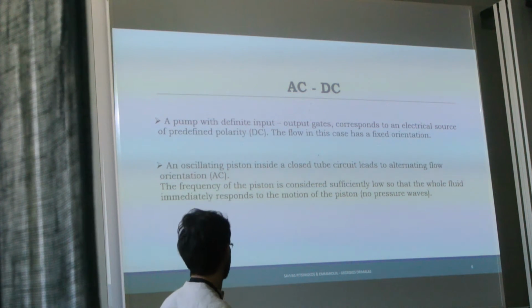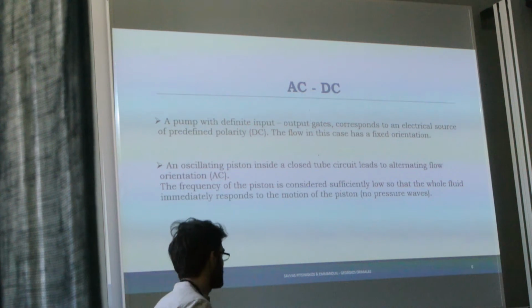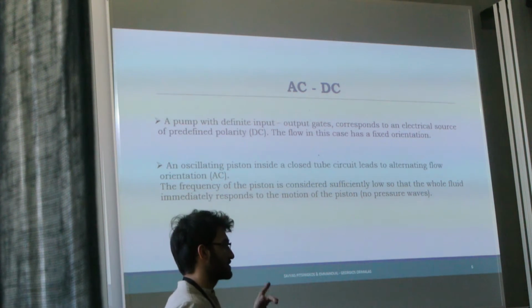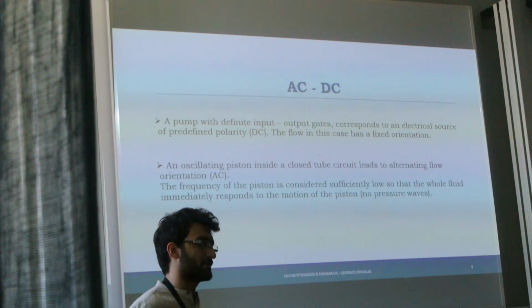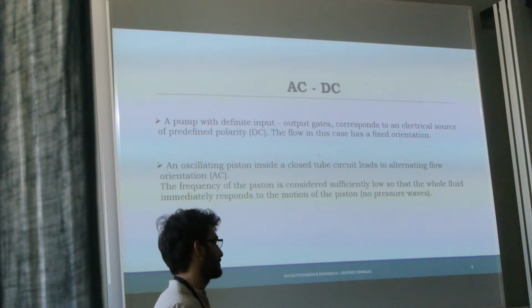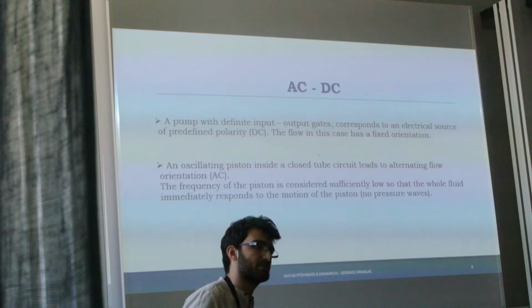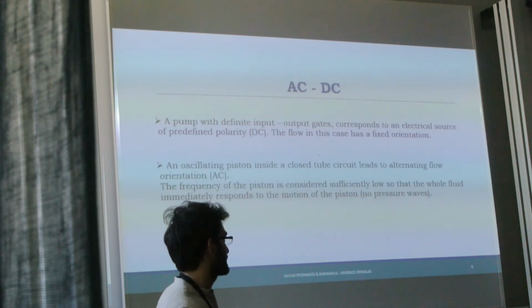We need to point out though that the frequency of the piston should be sufficiently low so we don't have propagating waves inside the tubes due to the finite speed.